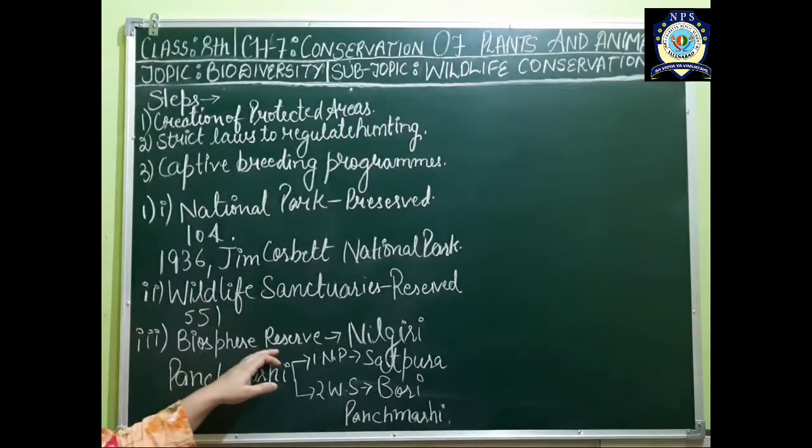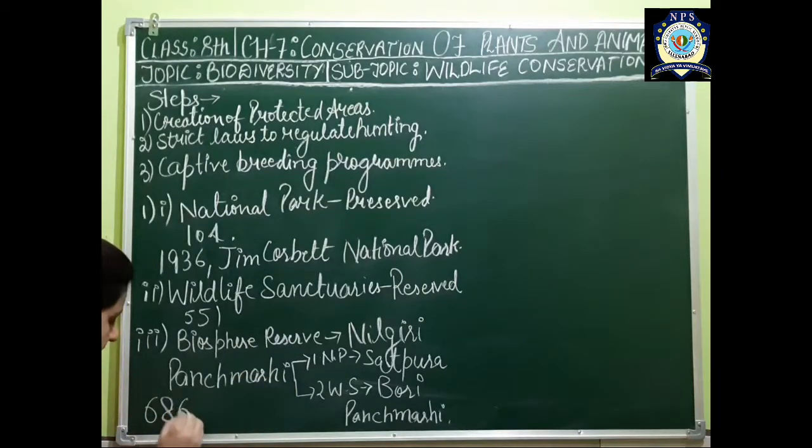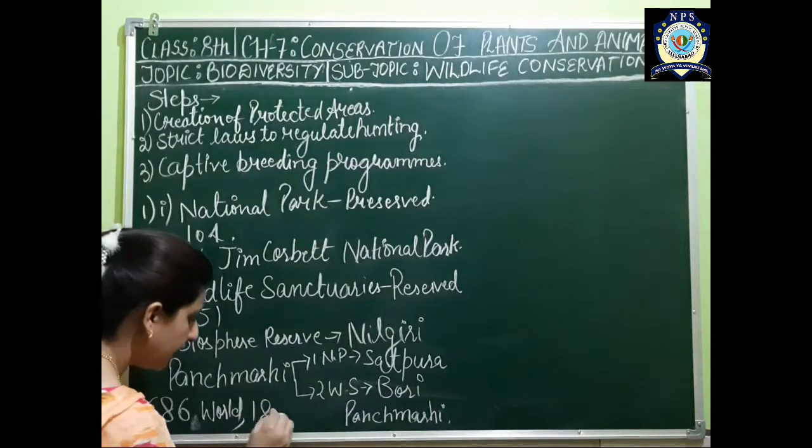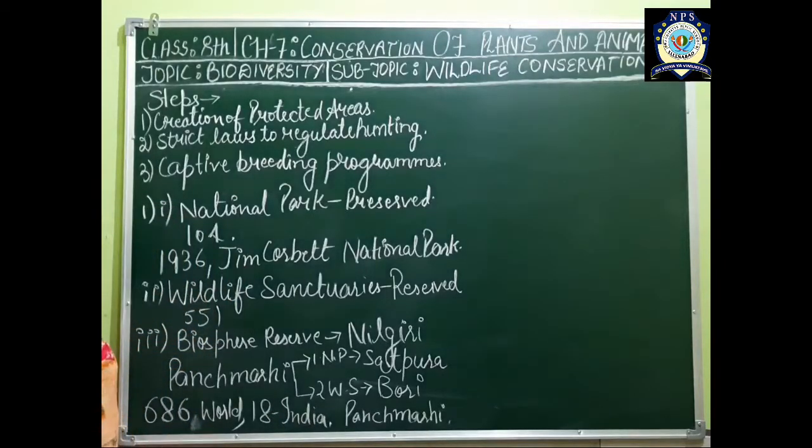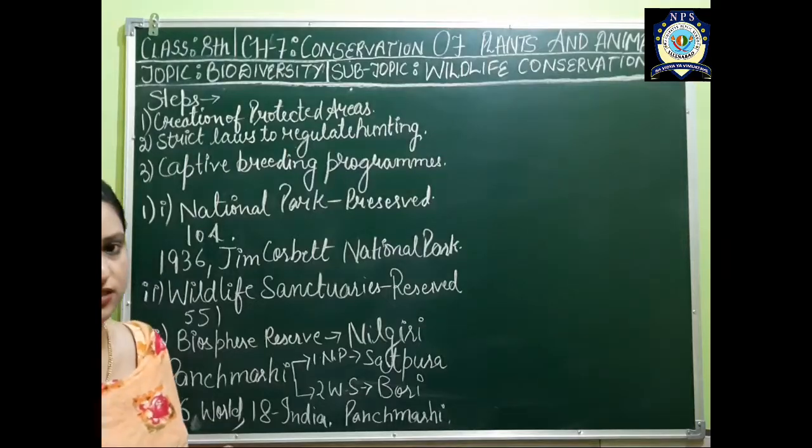So biosphere reserves are very big areas, and according to the survey, in the world there are 686 biosphere reserves, and in India there are 18 biosphere reserves according to the survey of 2019.